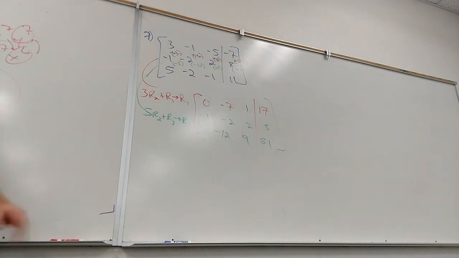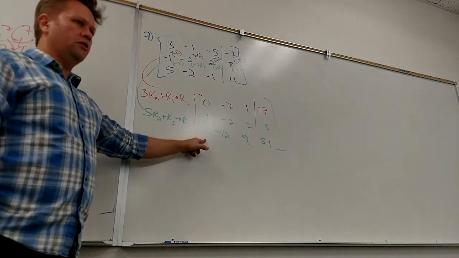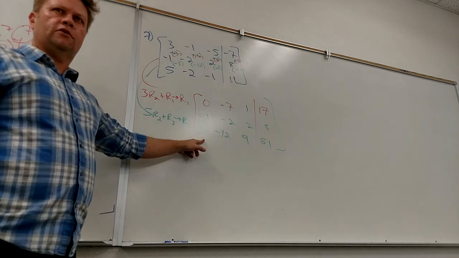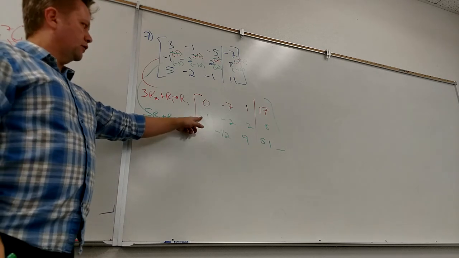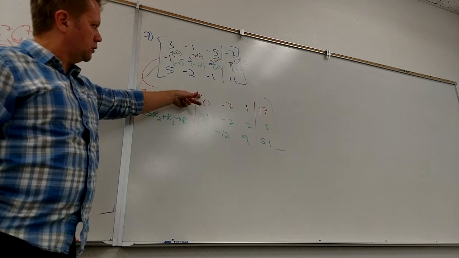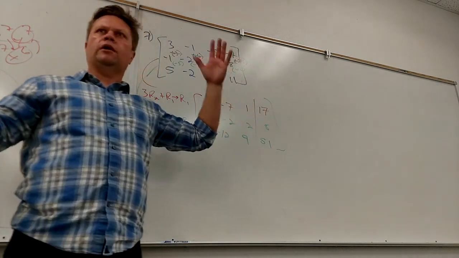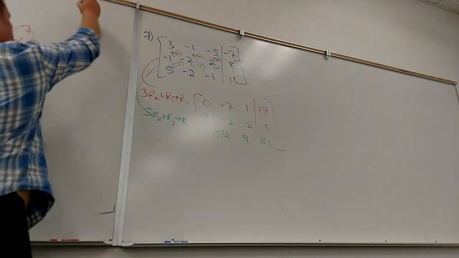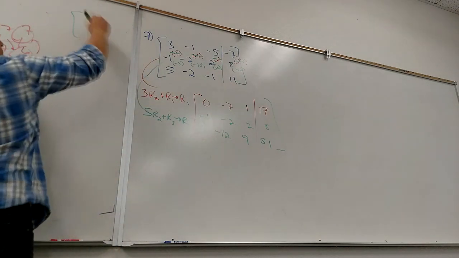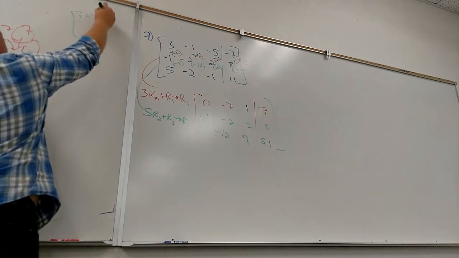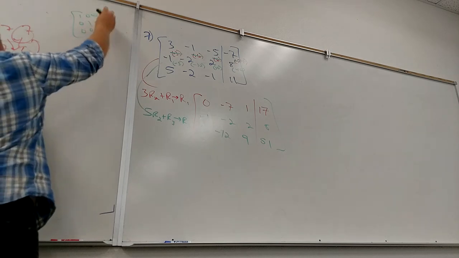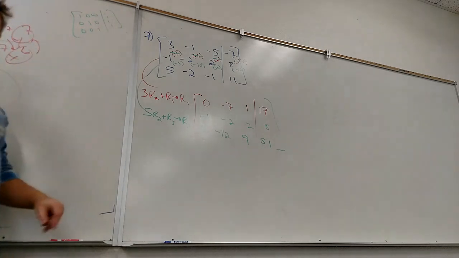Does the first column look right? No. Something's in the wrong place. And it's negative, so I could switch these rows and multiply this row by a negative. And then it looks closer to my goal. What's my goal? To not go crazy. 1, 0, 0, 0, 1, 0, 0, 0, 1. That's my goal.